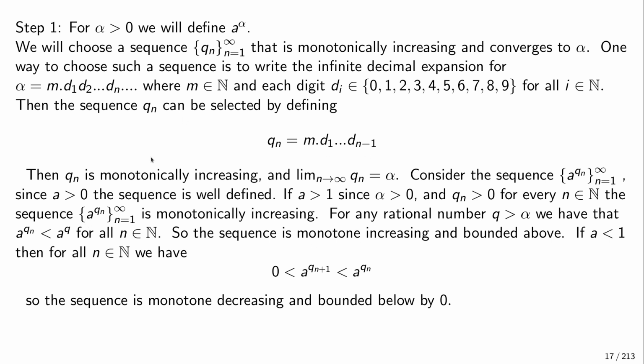And so whenever we have a real number a which is positive, we pick a monotone increasing sequence of rationals that converges to alpha, and this sequence is going to be convergent by the monotone convergence theorem, and we'll use its limit to define what it means to take a to the power of the real exponent alpha.